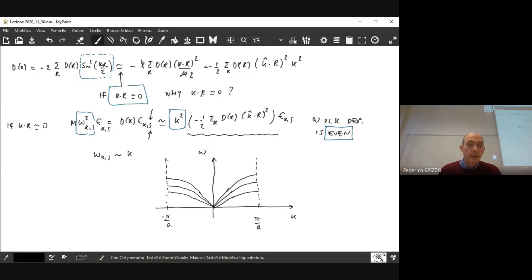But in principle, R is a vector of the Bravais lattice. So R may connect one ion on one side of the solid with another ion on the opposite side of the solid. So in principle, R has no upper boundary. So k scalar product R may not be small even for small values of k. So why should you consider this to be close to 0?